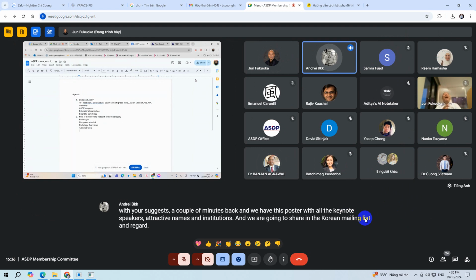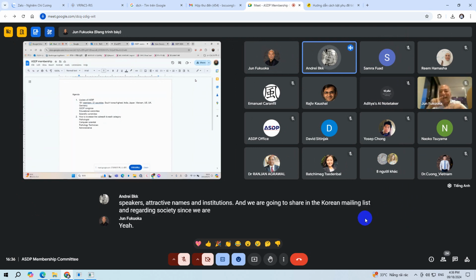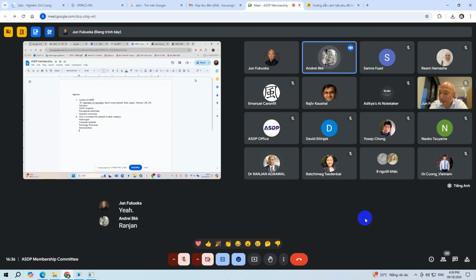And regarding the society, this is my comment or answer to Dr. Ranjan. Creating a nice advertising poster for the society, including all the benefits and good things which we can deliver to our members, is on our to-do list, and I think we will put in all the effort to create and design it with our media committee, maybe a couple of weeks after the Congress, which means by mid-October.